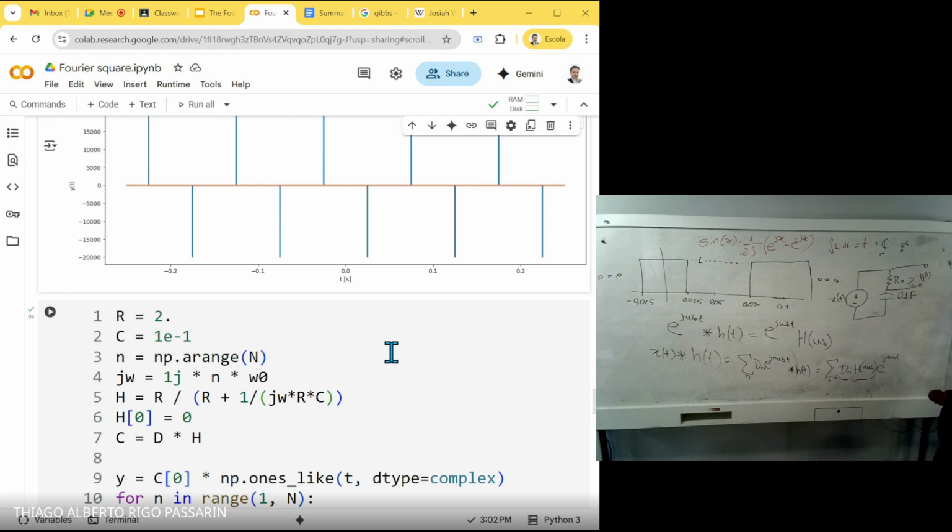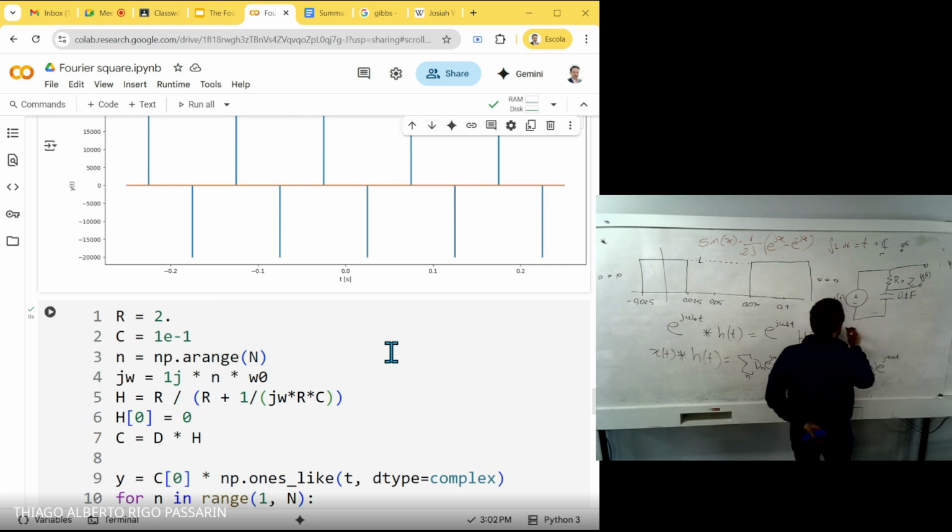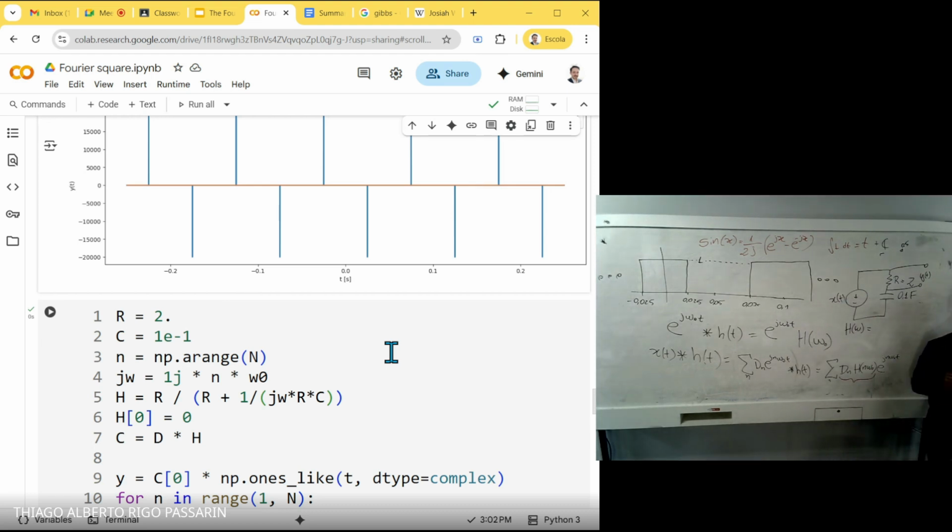We can find the frequency response using the transformed circuit with phasors, right? The frequency response of this circuit is, well, to help those who did not study circuits, how do we do this? When everything is in series here, this goes in the numerator, and the sum of everything goes in the denominator, right?